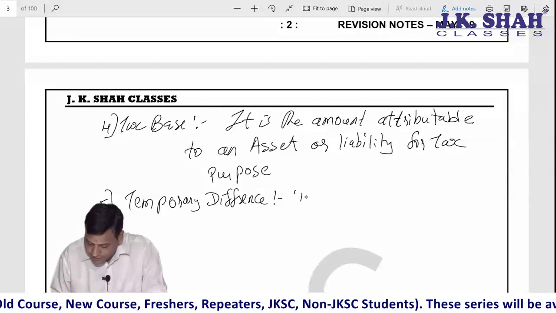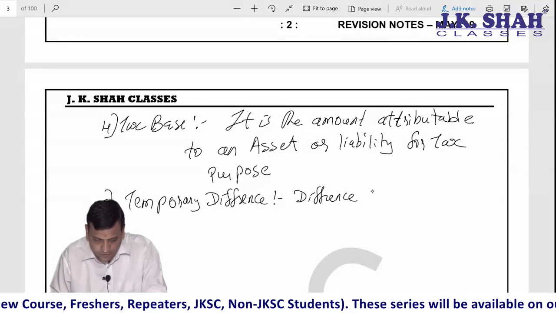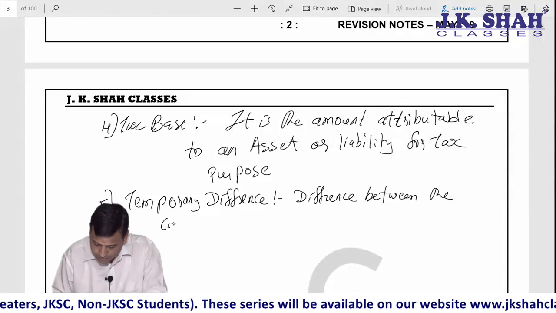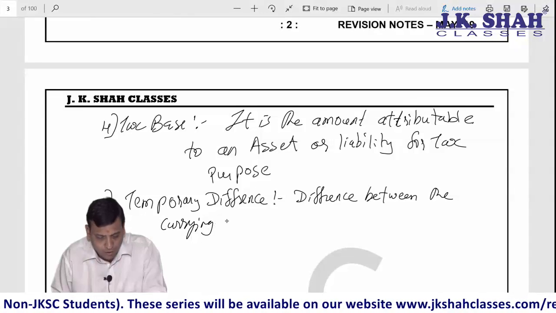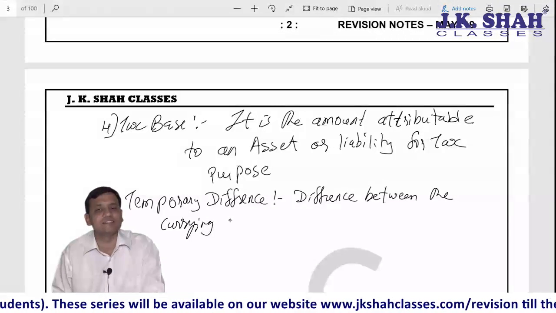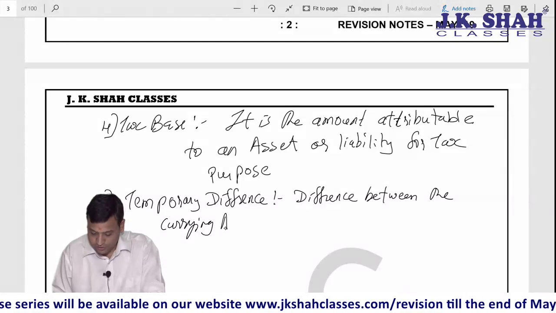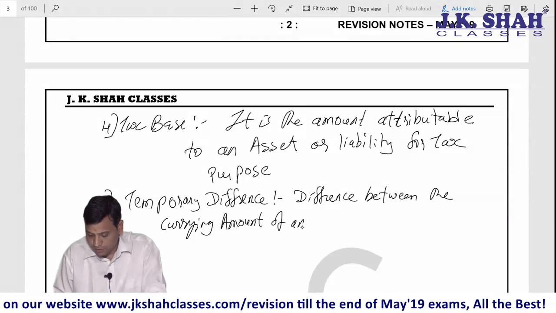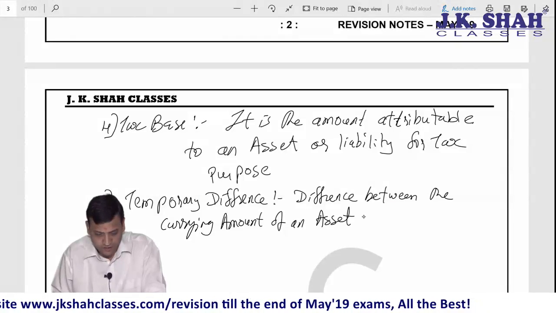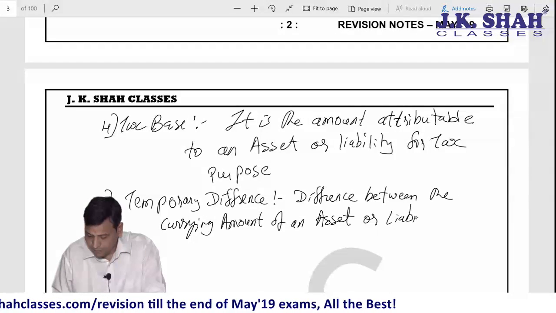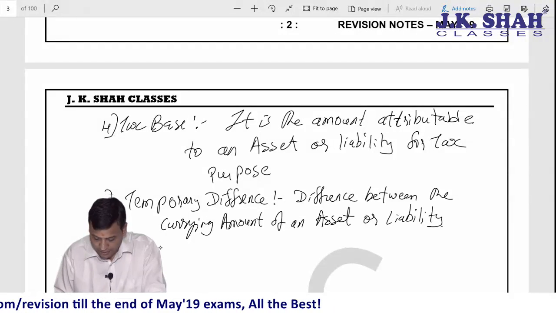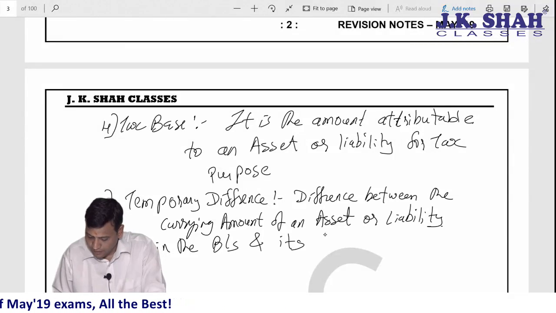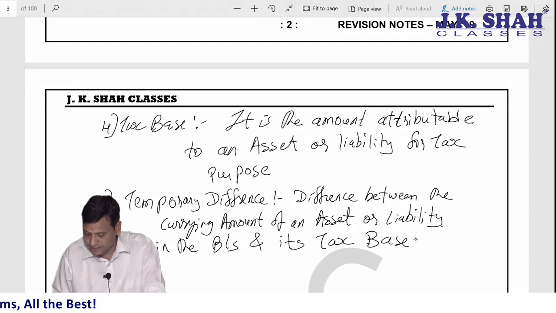So, temporary difference is nothing but the difference between the carrying amount, meaning the amount at which the asset is carried in our books of accounts or the liability is carried, carrying amount of an asset or liability in the balance sheet and its tax base.